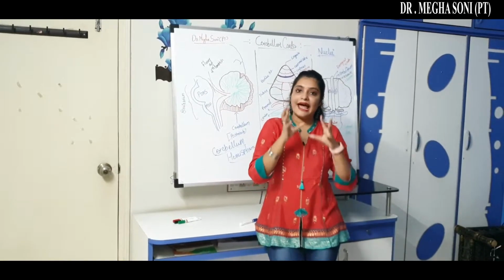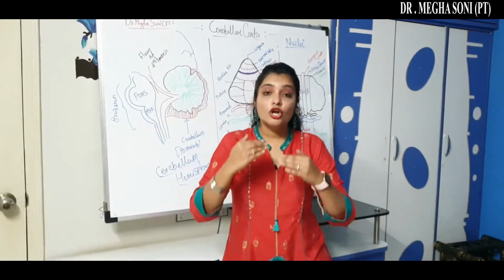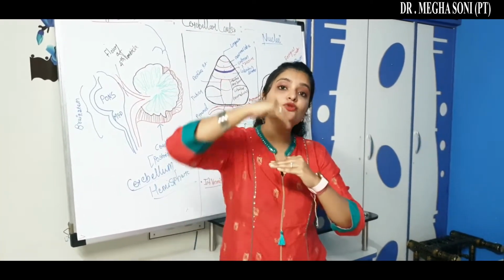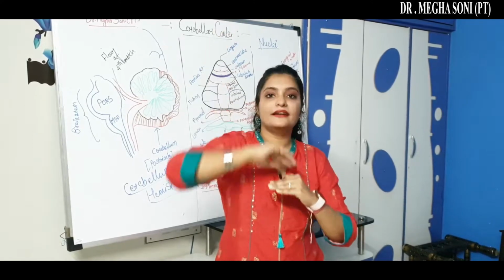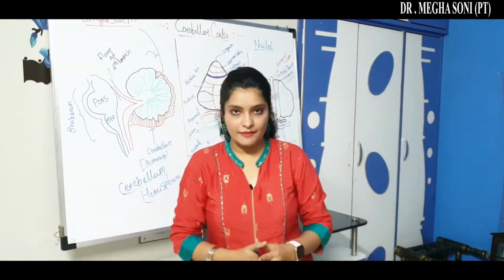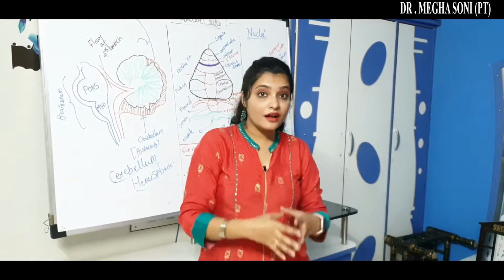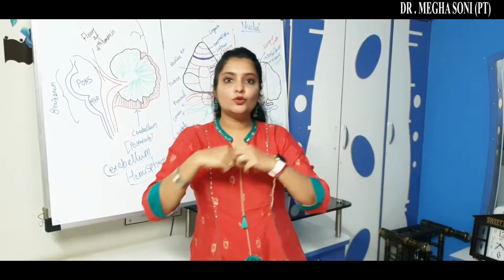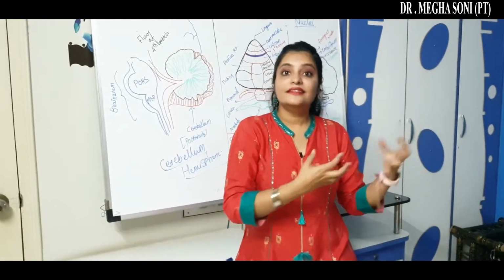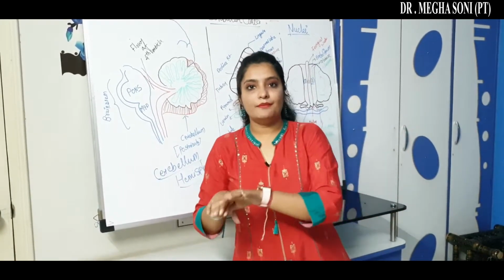That is why the axons of the Purkinje fibers are responsible for sending the signal from the cerebellar cortex to different parts of the central nervous system like the brainstem, spinal cord and cerebral hemisphere. And as the climbing and mossy fibers are coming from outside to inside, they just carry the signal from the periphery to the cerebellar cortex.